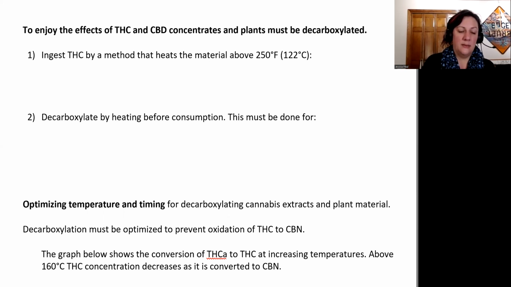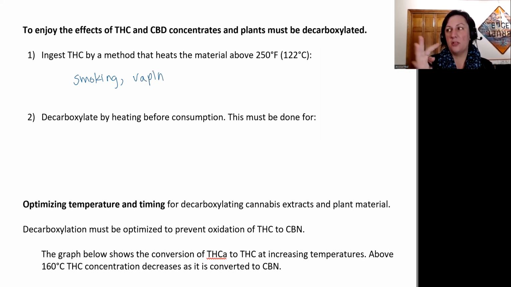So things like smoking, vaping above 250 degrees Fahrenheit, which most vaporization is happening more around 300 degrees, dabbing, which is at even higher temperatures than vaping, and even baking. If you're baking a cannabis product into an edible at 350 degrees in your oven, that decarboxylation will happen.